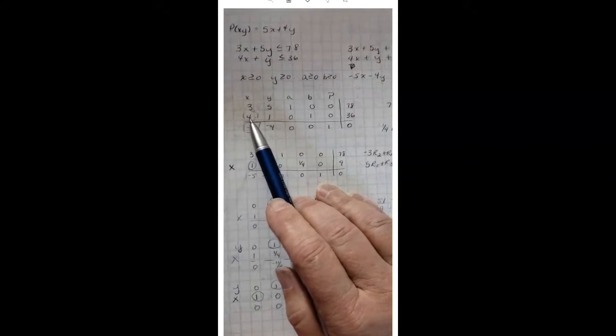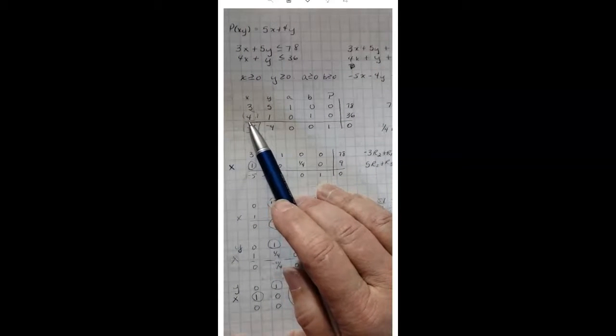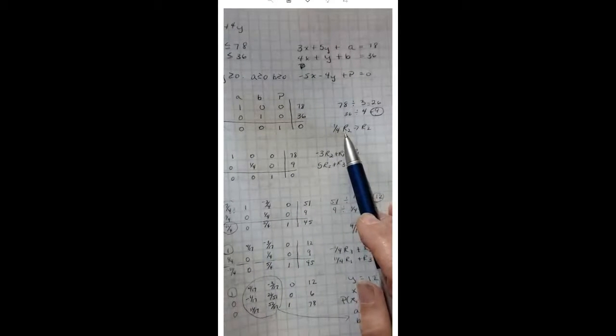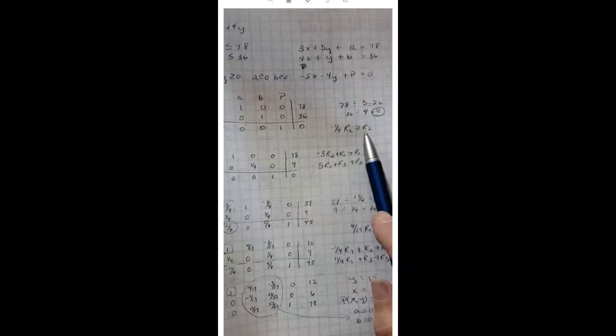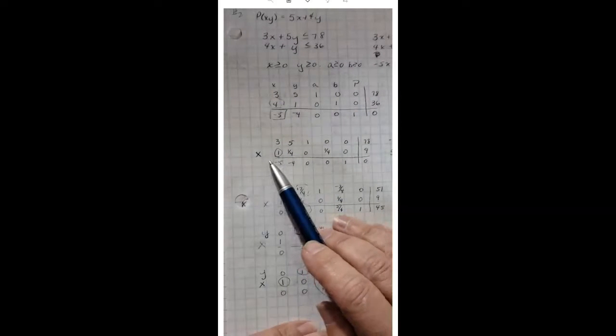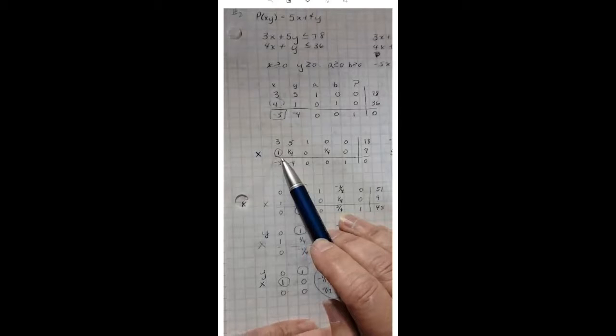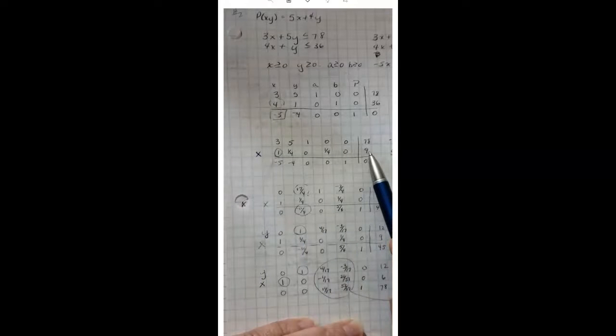So there it is. So what do I have to do to 4 to get it to become a 1? I need to take 1/4 of row 2 and put it back in row 2. And that gives me this one right here. Of course, now that also gives me some other stuff that I have to deal with.